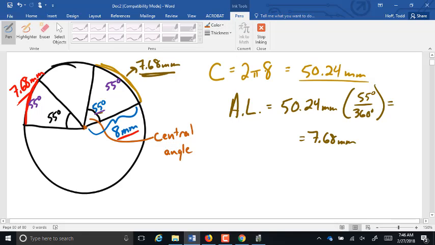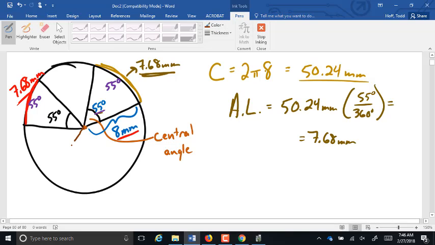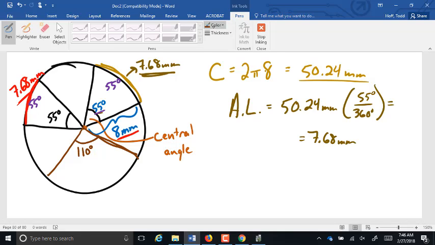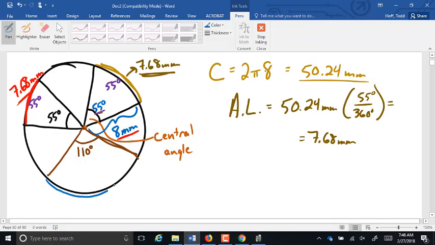What if I create a new central angle here? It's 110 degrees. Yes, that arc length is going to be the 7.68 times 2, or 15.36 millimeters. Why?